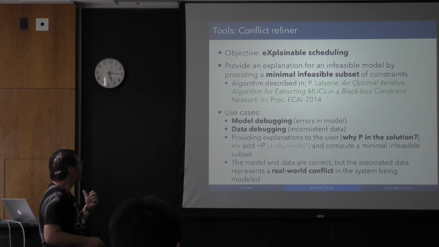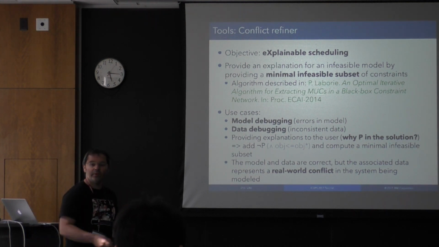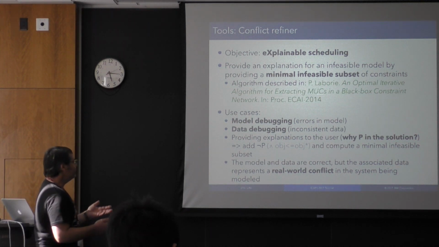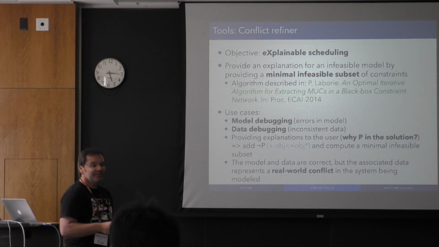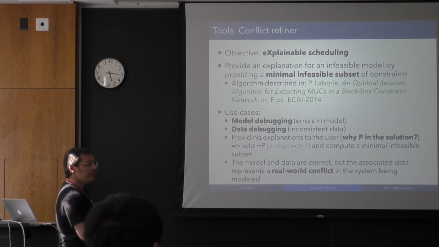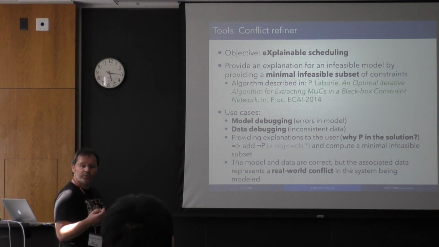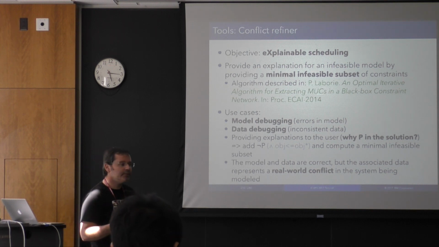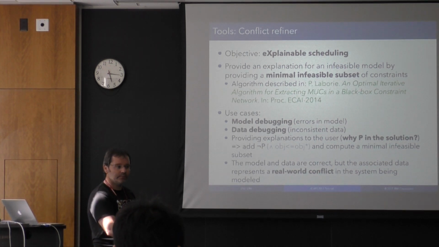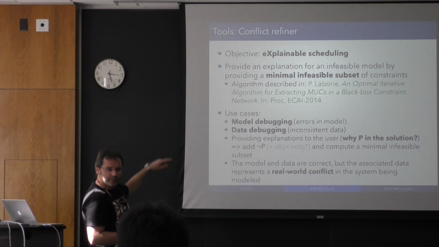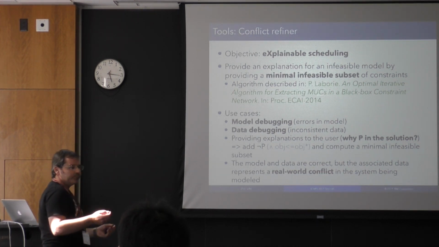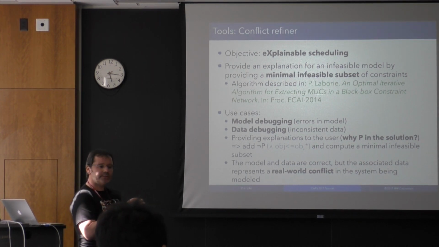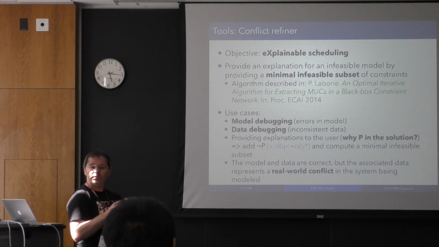Another important thing is the conflict refiner. As I said, quite often the model is infeasible, and we want to find an explanation why the model is infeasible. And I said explainable scheduling because I think that most of the questions a user can have on a solution, saying, for instance, why didn't you schedule this activity, or why did you select this machine for this activity? This also boils down to the conflict refiner, because you can always find a variant of the problem where you add the constraint that the machine should not be allocated to this activity.